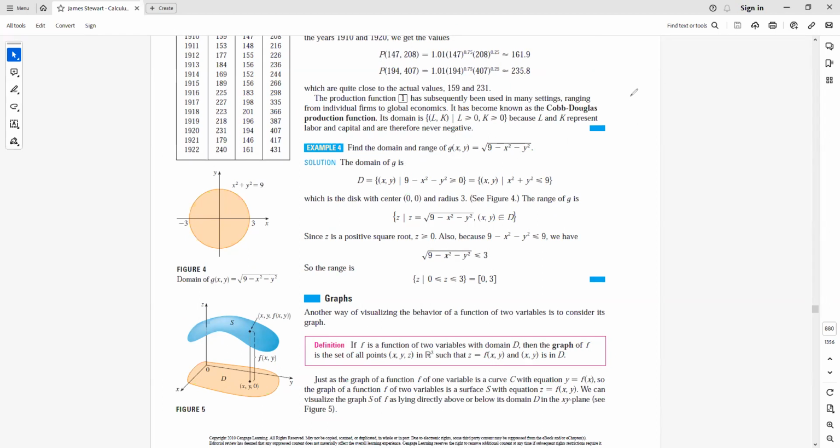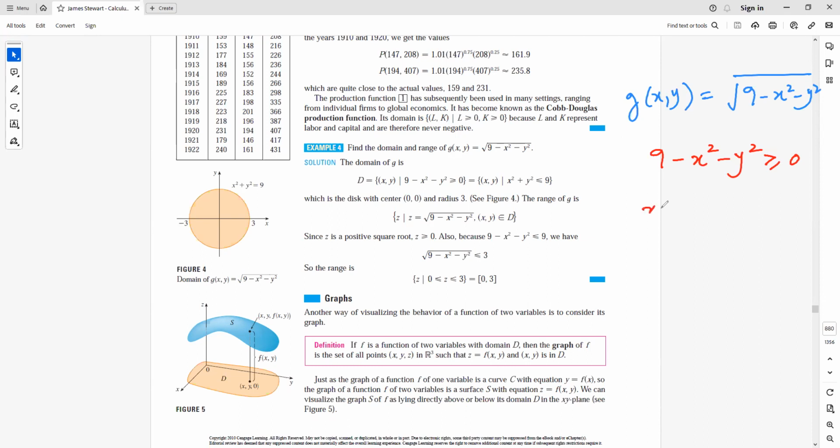So we are given a function g of x comma y equals the square root of 9 minus x squared minus y squared. Now first thing to consider here is that we have a square root function, so we know that it cannot be negative. So we should write this as greater than or equal to 0.